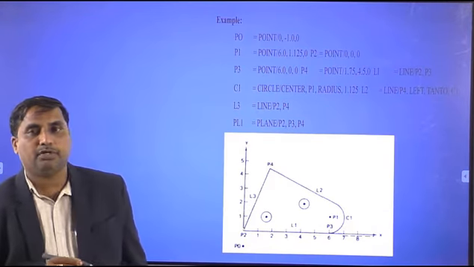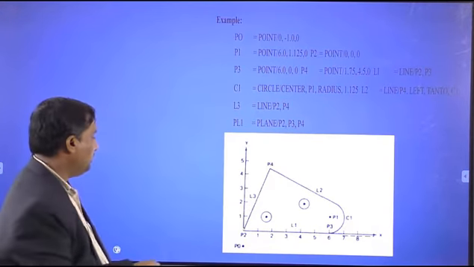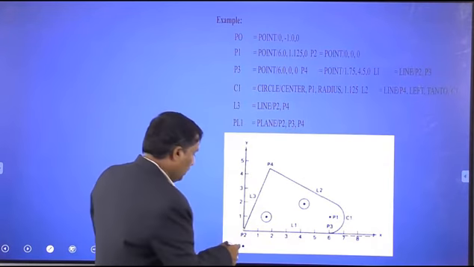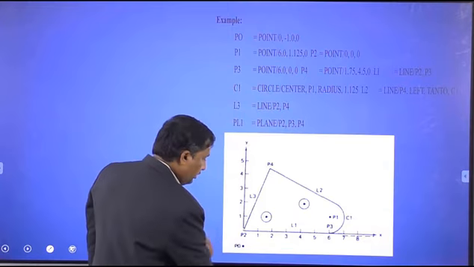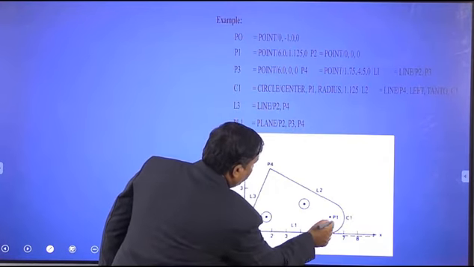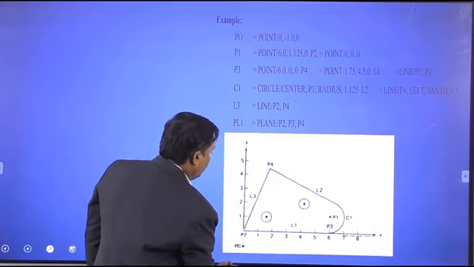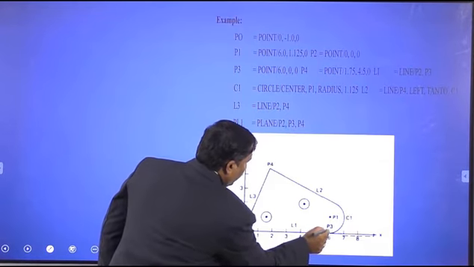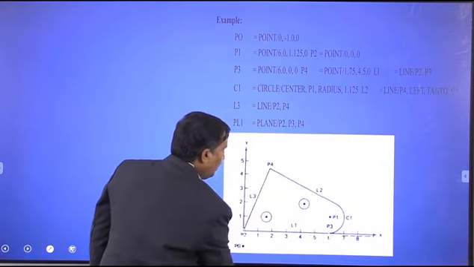P2 is the intersection point of the X and Y axes. That means its coordinates are 0, 0, 0. Origin is P2. Next, P0 I have defined here. After P0, P1 I have defined, and P2 defined, and P3 defined. This is P3, and next one is P4 defined.